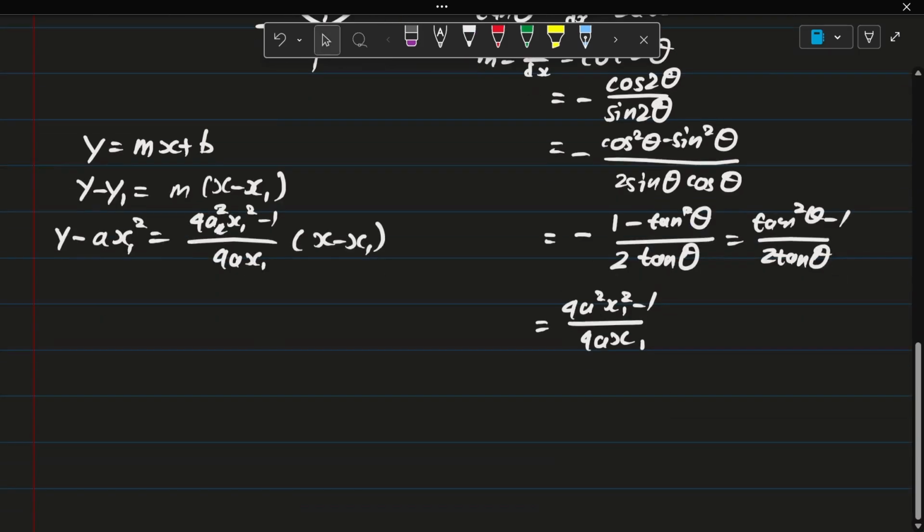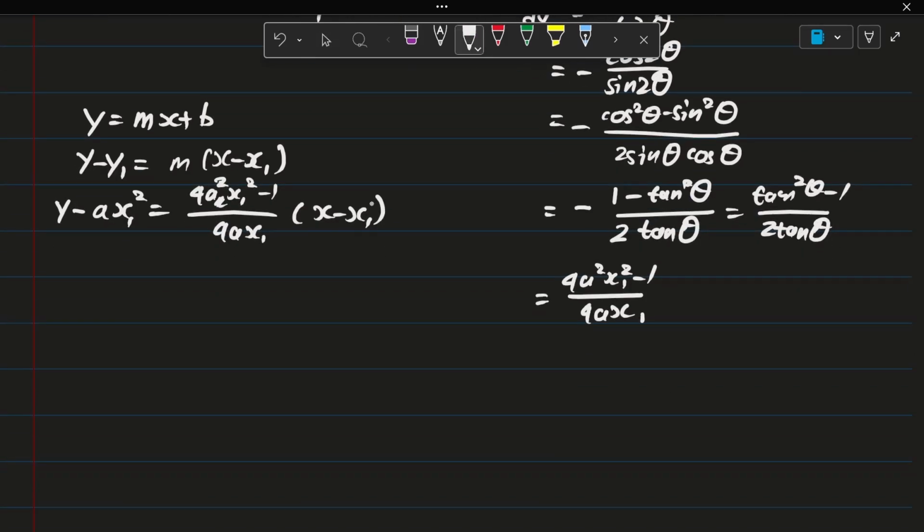Now, with this, what we could do is that we could try to extend everything out. So this is y equals to 4a squared x1 squared minus 1 over 4ax1, multiply this by x. So this is your slope. And then you could add ax1 squared as well as the slope multiplied by the point of x1.